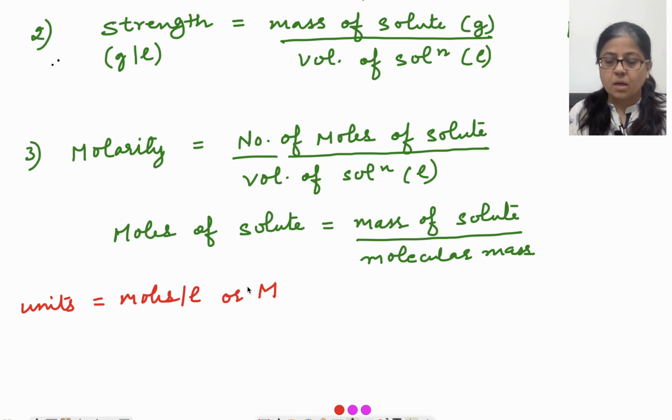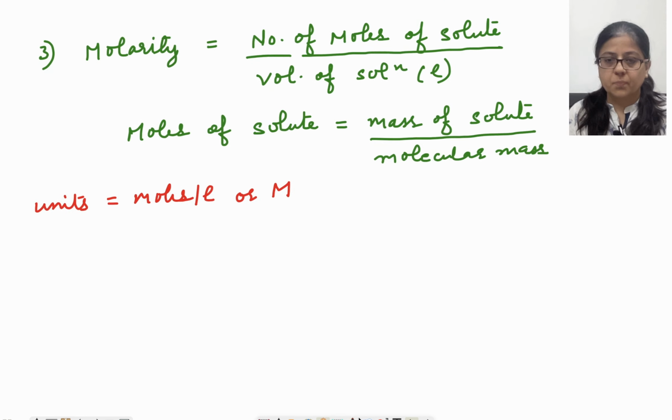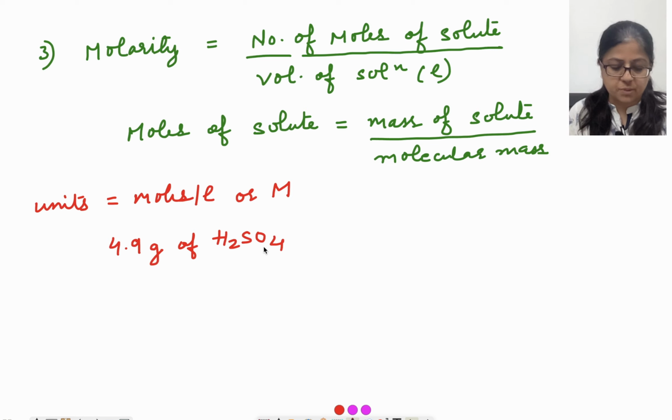Let us discuss this term with an example. Take the example of an acid, suppose sulfuric acid. Suppose we have to calculate the molarity of a solution of 4.9 grams of sulfuric acid if it is dissolved in 500 centimeter cube of the solution.